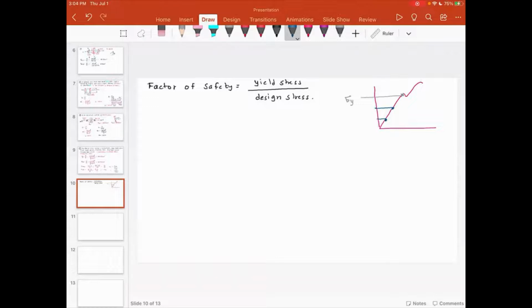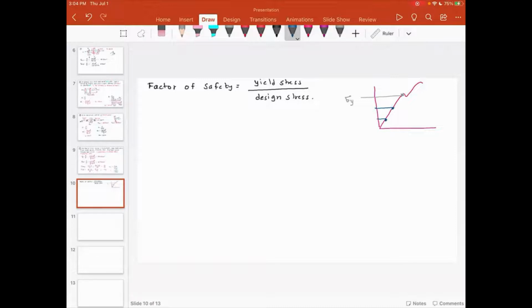So then what we need to do is we need to somehow account for that. So what we do is we deliberately reduce the design stress, and that deliberate reduction in design stress is nothing but the factor of safety.